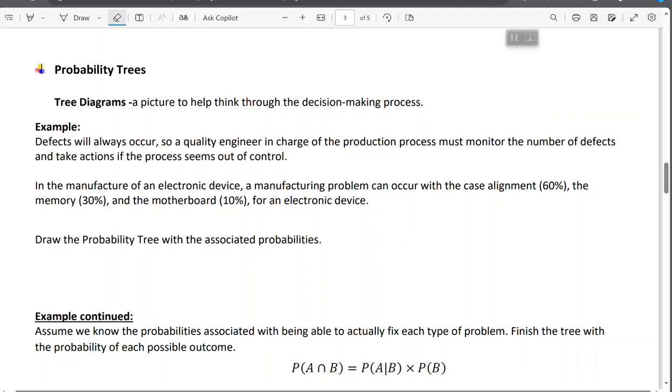So, last class we talked about the basic concepts in probability, and also we reviewed the four probability rules, especially the multiplication rule and addition rule, right?